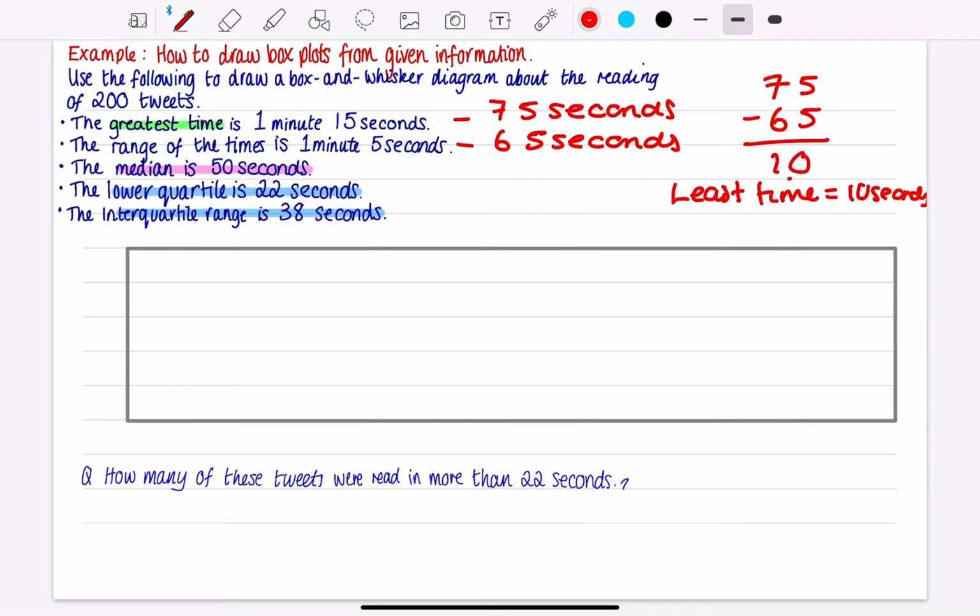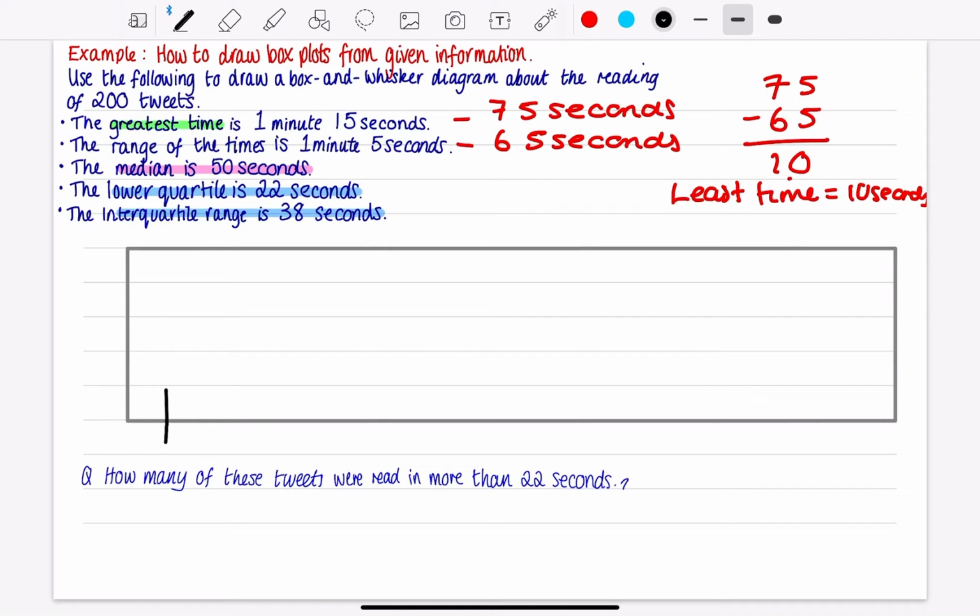As both our greatest time and our least time are in the 5 times table, it's quite natural to want to go up in 5s here. So starting at 0, as 10 isn't too far away from 0. If you were working with a much larger starting point, you may put a break here.